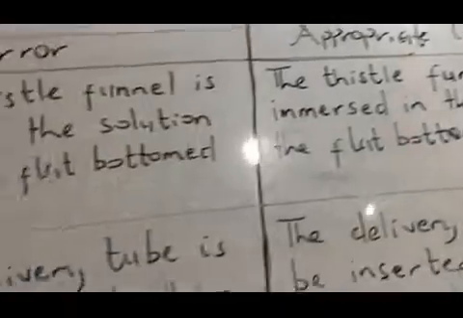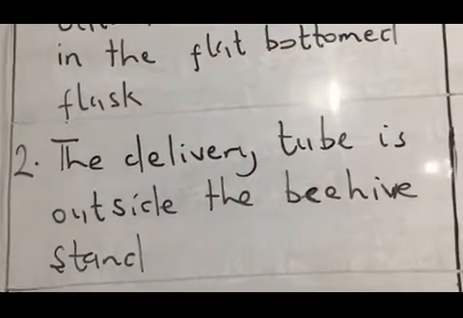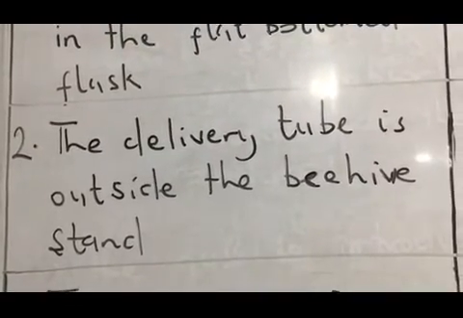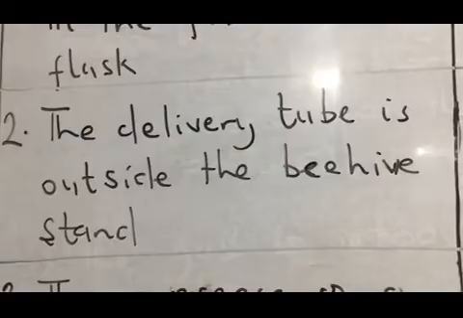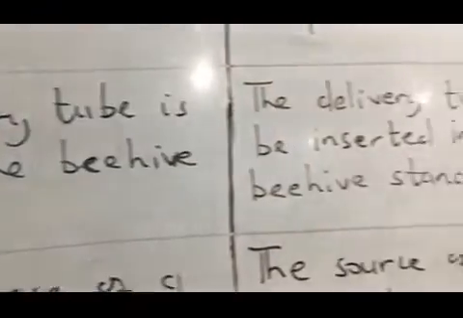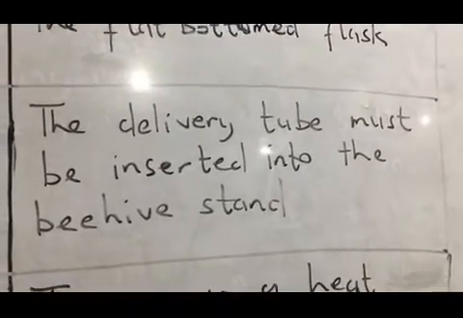And then secondly, you have the delivery tube, the one that is carrying the gas from the flask into the basin containing the water. That delivery tube is outside the beehive stand. So to correct it, the delivery tube must be inserted into the beehive stand.